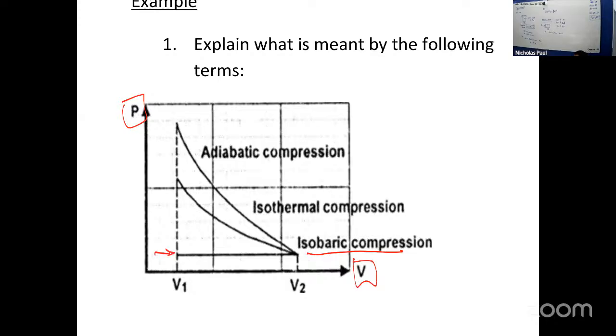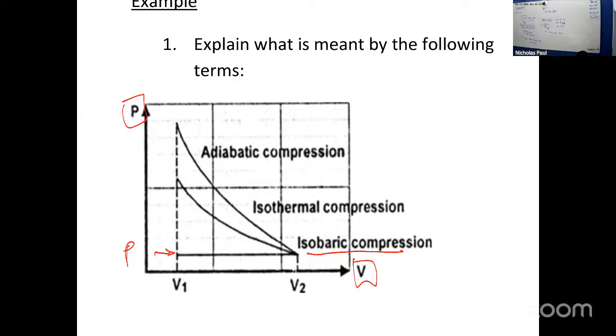It's a horizontal line on a pressure versus volume graph. What do you think isobaric means? Pressure constant. Excellent. Very good. So isobaric means constant pressure.